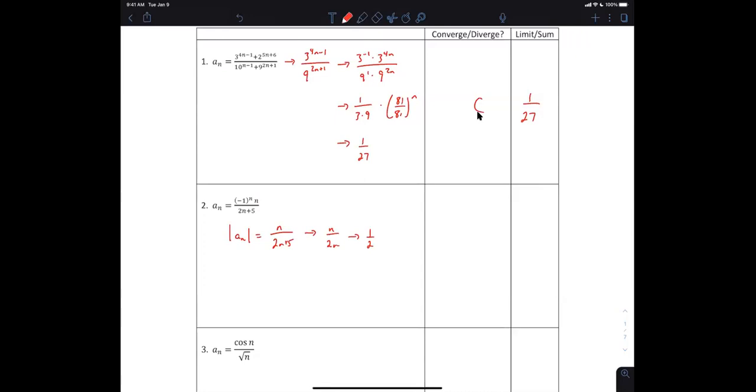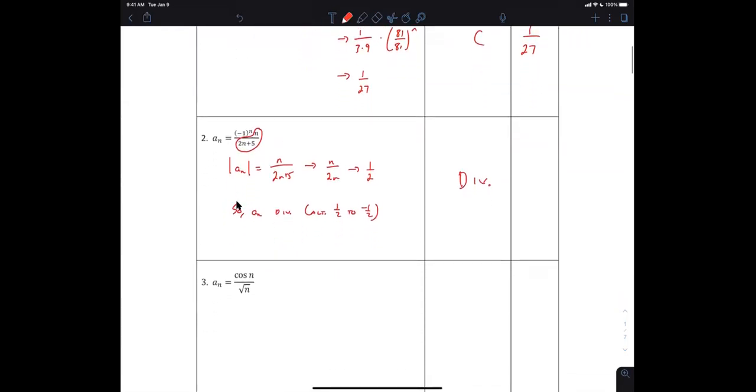If the absolute value goes to something else and it's alternating, then when n is really big, like 100 million, the non-alternating part is basically 1/2, and negative 1 to the 100 million is positive 1. So you get positive 1 times 1/2. But if n is 100,000,001, this is still 1/2, but negative 1 to the 100,000,001 is negative 1. So it flips 1/2 to negative 1/2. So a_n diverges because it alternates between 1/2 and negative 1/2. And so we would say diverge here.